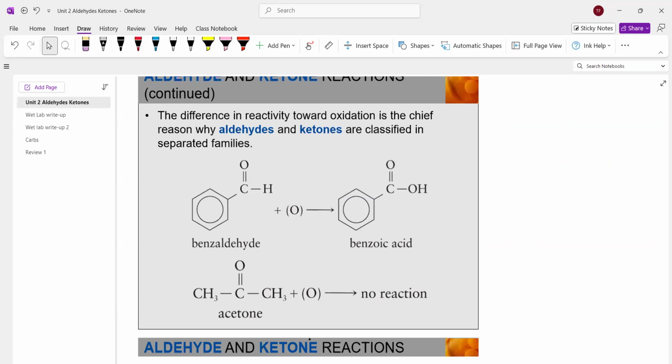Okay, this reactivity regarding oxidation is why they put aldehydes and ketones in separate kind of reaction categories. This slide calls it a family.